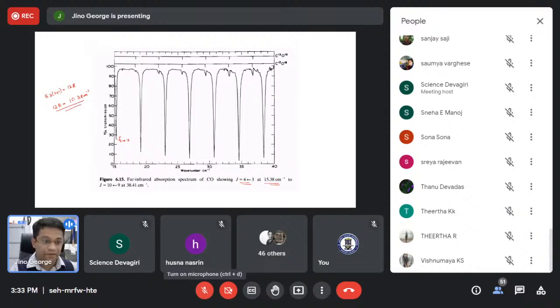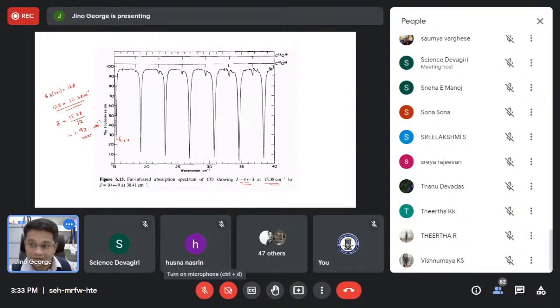So if you calculate B equal to 15.38 divided by 12, this value comes around 1.92 centimeter inverse. This is the rotational constant of carbon monoxide, mentioned very specifically here, carbon 12, right?